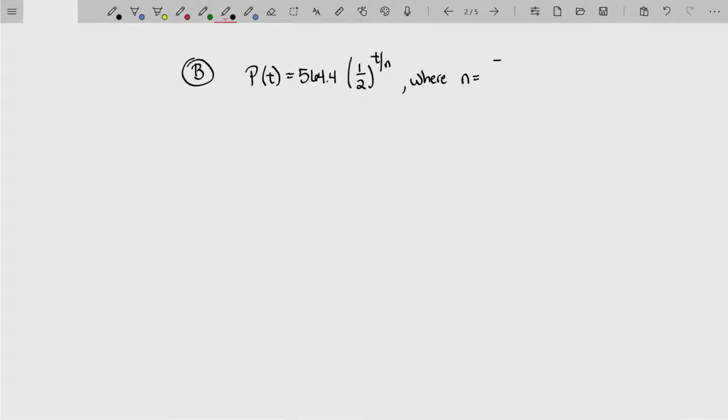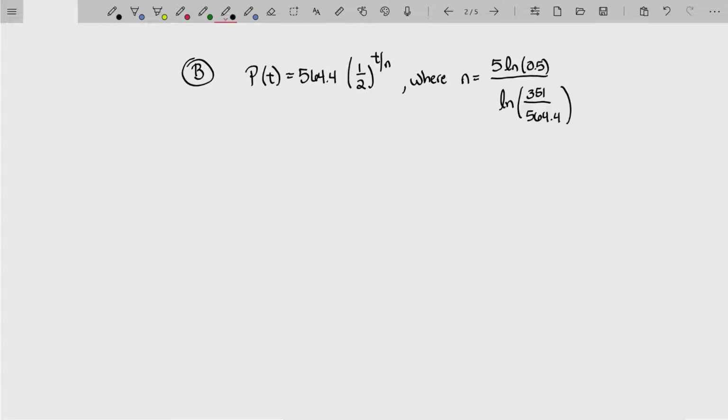It's 5 natural log of 0.5 all over the natural log of 351 over 564.4. So that is the value of n that we're dealing with. So we have all our constants found.